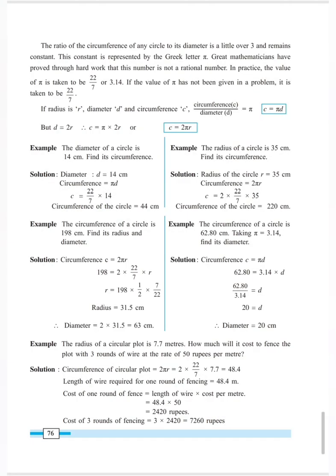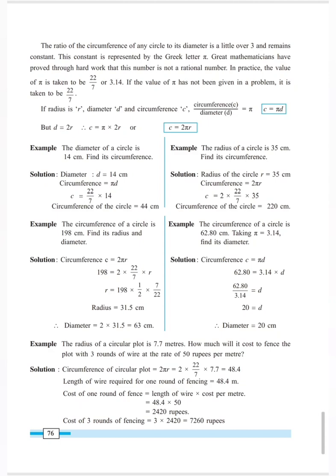Always remember the formula of circumference: C is equal to 2 pi r, or it is also written as pi d. What is pi? Pi is written either as 22 upon 7 or as 3.14 also. When you divide 22 by 7, you get the answer 3.14 approximately.